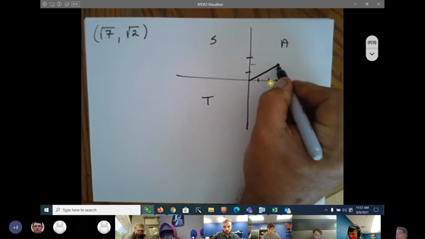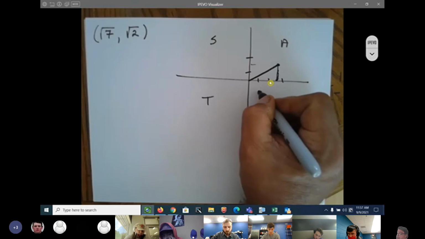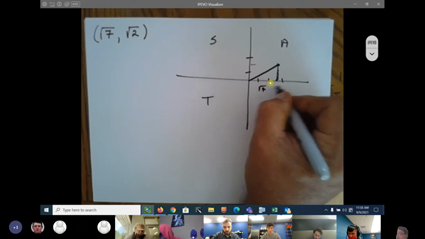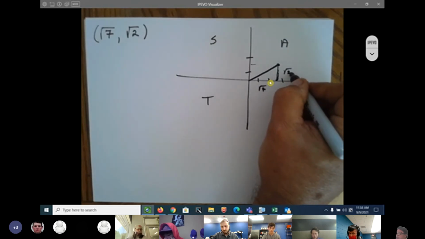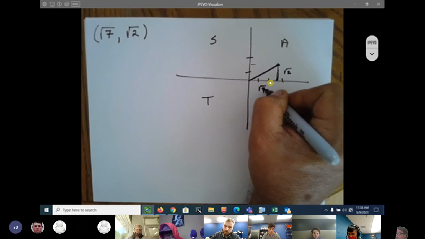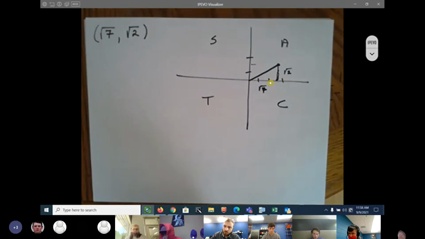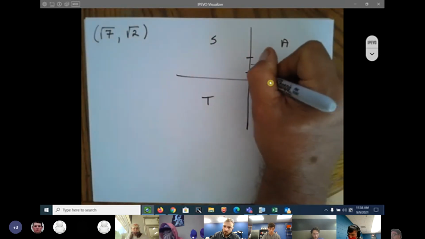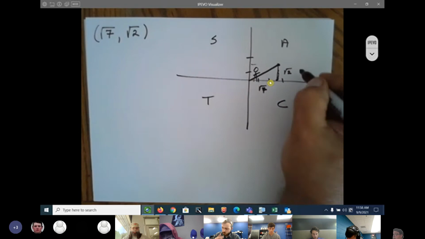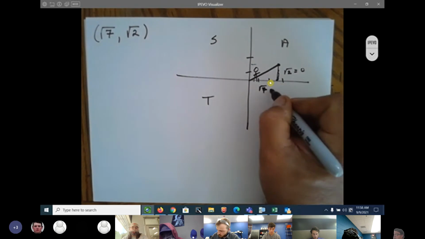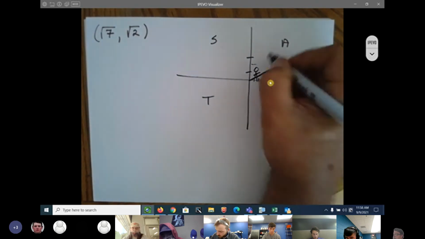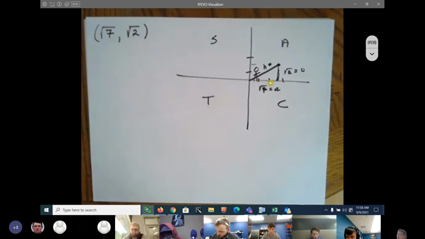So there is our, and that's going to be square root of 7, square root of 2. Little man is right here. Now that's our opposite. This is our adjacent. And that's our hypotenuse.